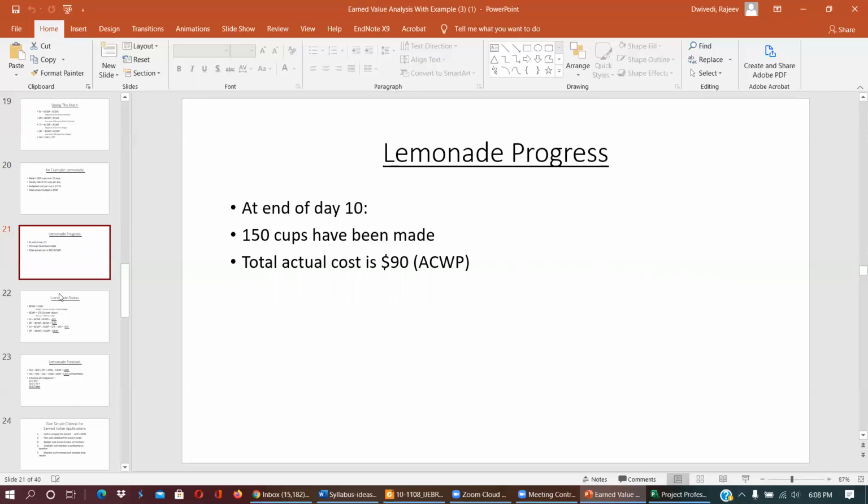Now we would like to see how soon or how late this project will be completed, how much extra money would be required, or whether it would be completed on time.